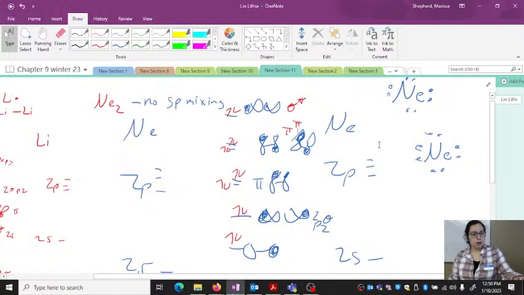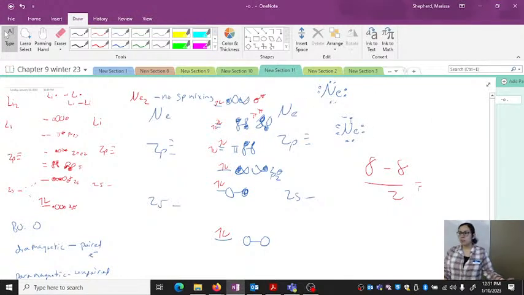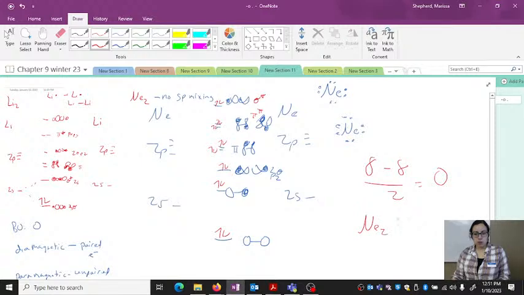So now if we do our little formula, let's take our number of electrons in bonding, 8, minus 8 in antibonding. And well, there's a problem. That's why trying to make a Lewis dot structure doesn't really make much sense. So what's our bond order? 0. And so now this explains why neon 2 doesn't exist. It would not be favorable.